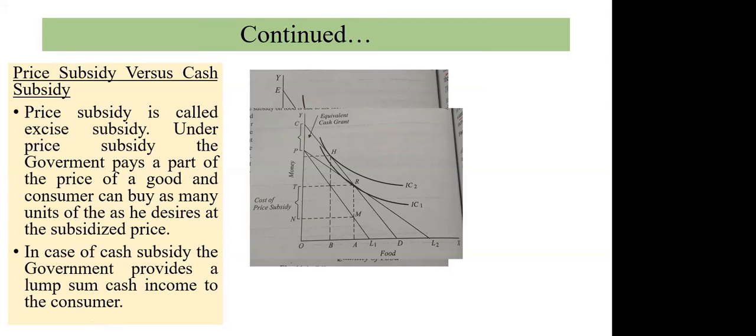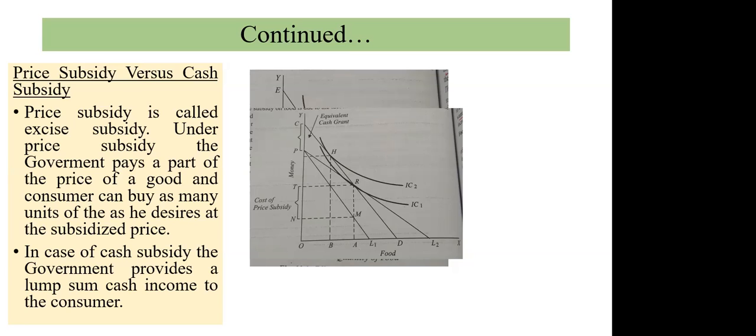Cash subsidy is always better because it helps the consumer reach a higher indifference curve, which indicates a higher satisfaction level and higher welfare. Also, he is free to choose what he buys with this income, because when there is a subsidized price of the food, he is forced to purchase that food at the subsidized price, and because it is cheaper, he will substitute it for other dearer products.